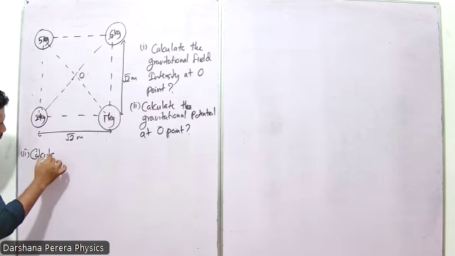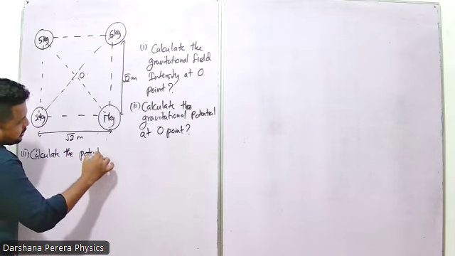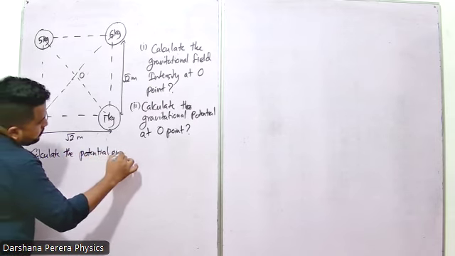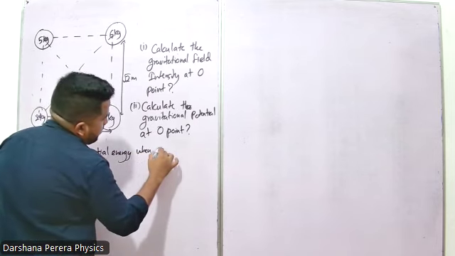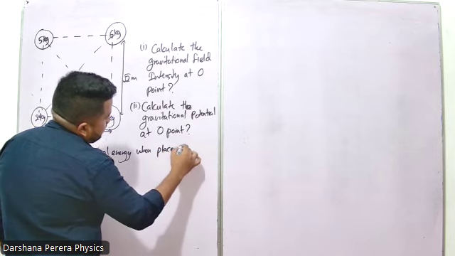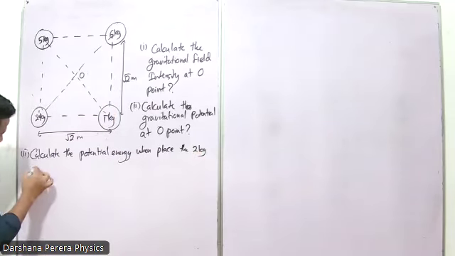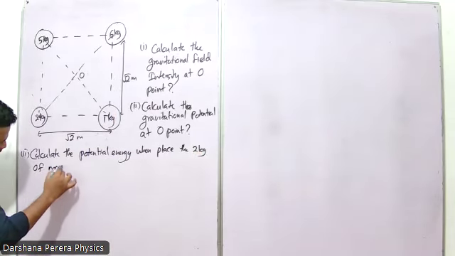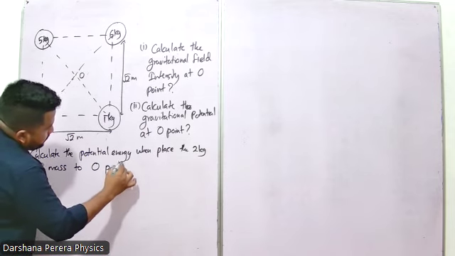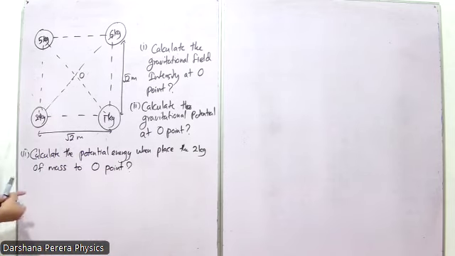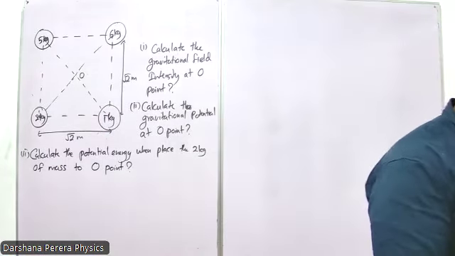Calculate the potential energy when the 2 kilogram of mass is placed at 0 point. Okay. Find out. Quickly give me the answer.